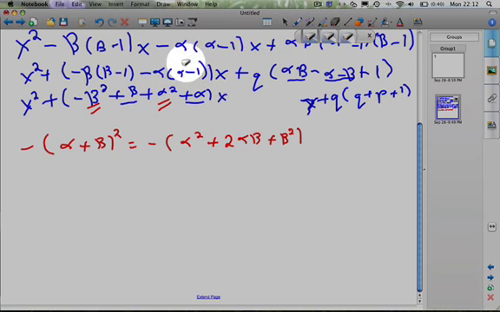This of course should be negative. Okay, so what I need is to think about how can I get this to be equivalent to this piece. So I've got minus alpha squared minus beta squared, but I have an extra minus 2 alpha beta. So in order to make it equivalent, I need to add 2 alpha beta. Okay? So now we're allowed to write this.